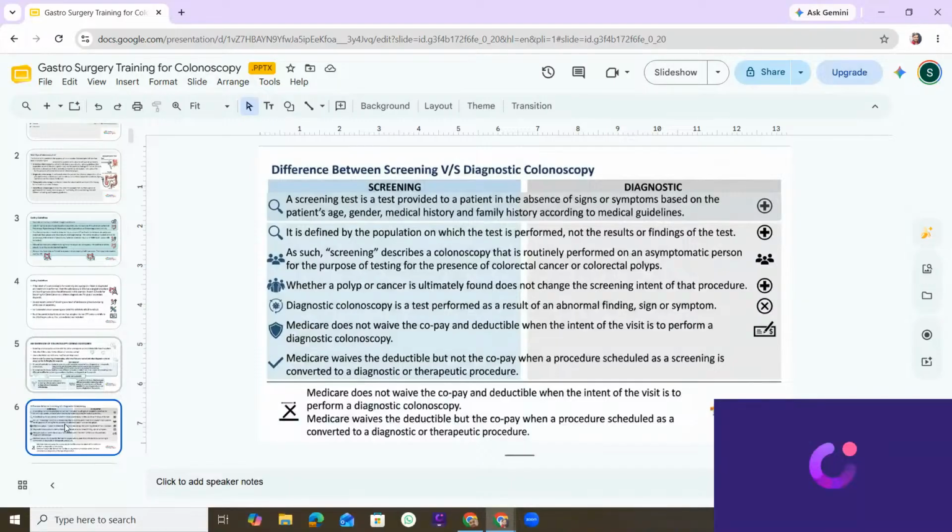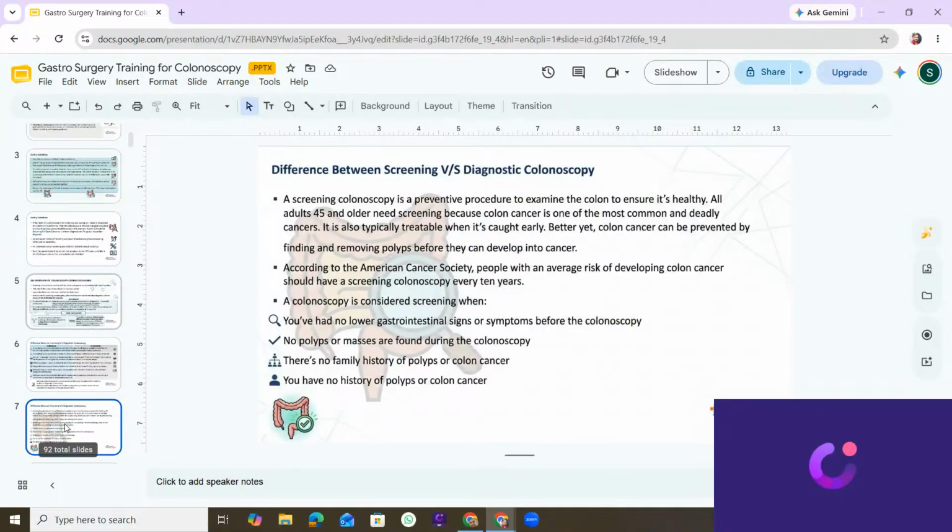So Medicare especially has different guidelines, and these guidelines are mainly related to Medicare.